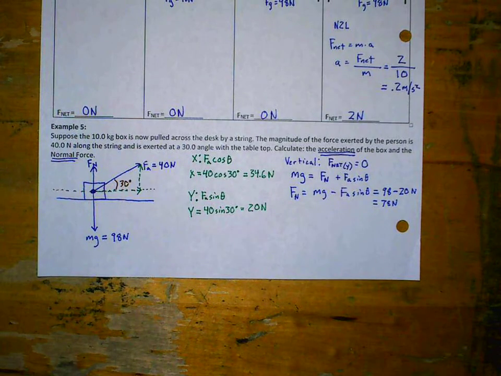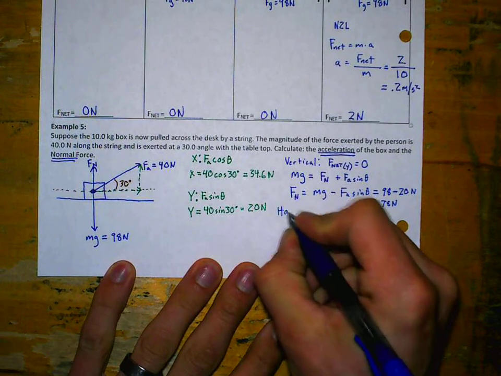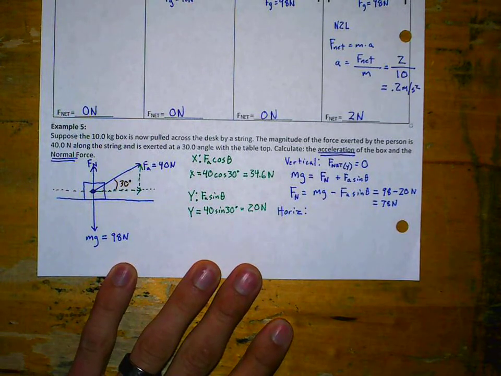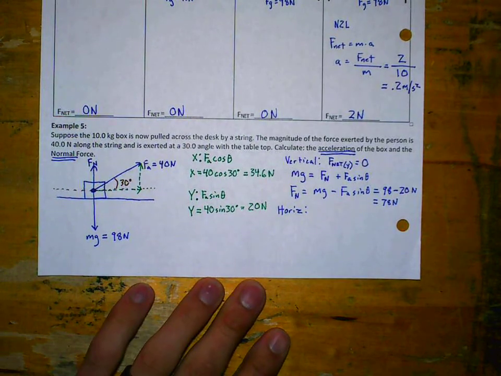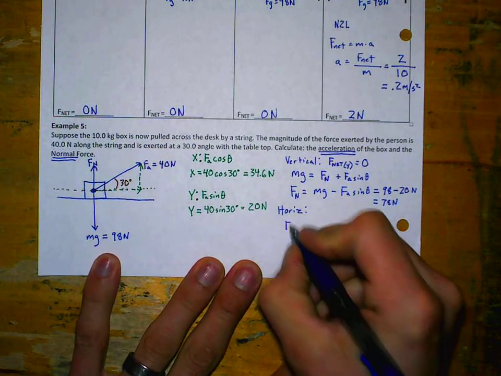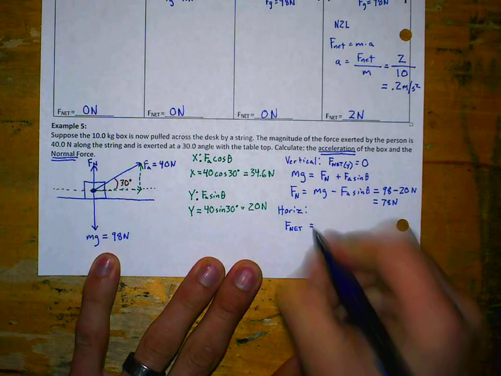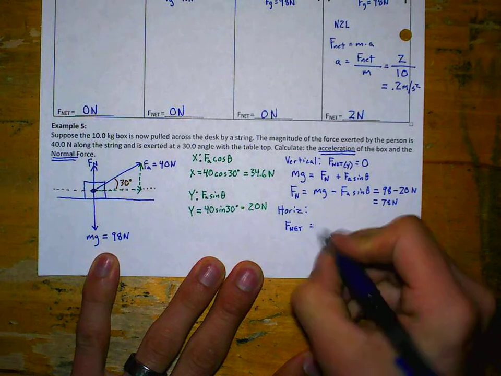Yep. Okay, now horizontal. Horizontal, we're going to deal with F net. Now later we'll throw friction into the mix, but here all we have to say is F net is equal to our horizontal component, which is FA cos theta.